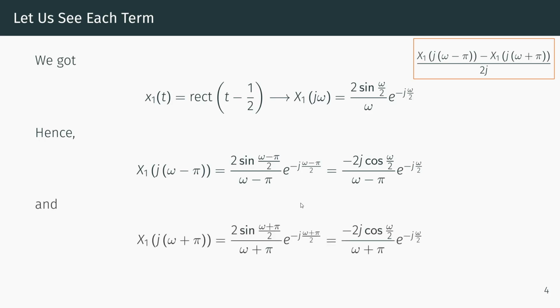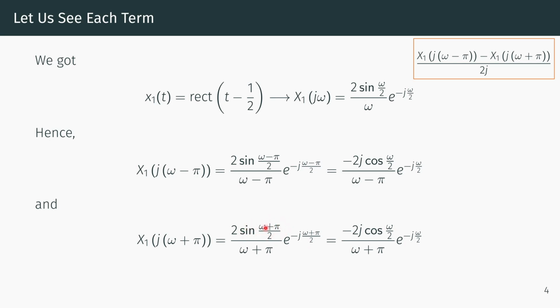Okay, so let's continue. We want the second term, which is given by X1 of j(omega plus pi). So we repeat the same step. What is that? We have to replace omega with omega plus pi. So you get 2 sine of (omega plus pi) by 2 divided by omega plus pi, and here also you have e power minus j times (omega plus pi) by 2, again doing the same process.